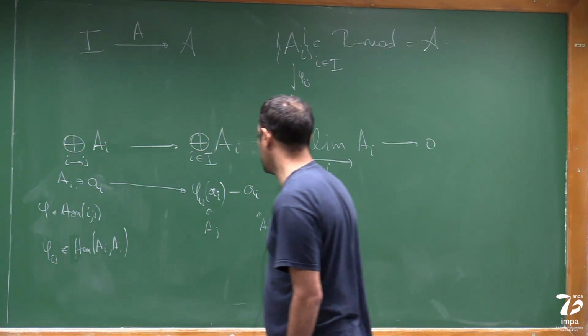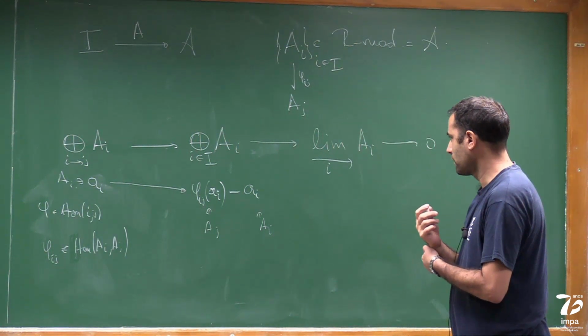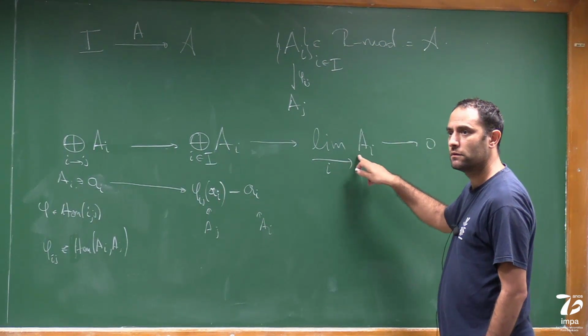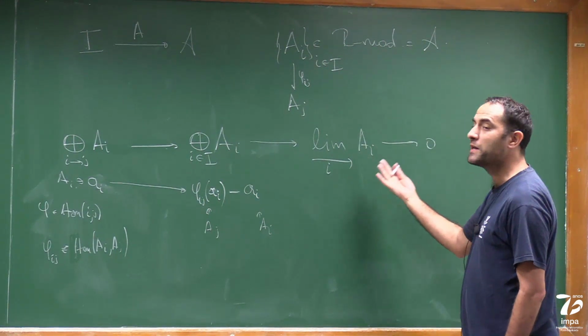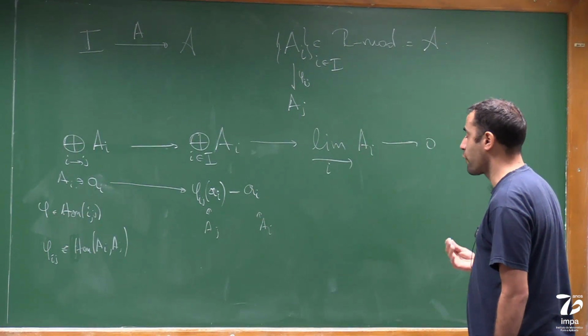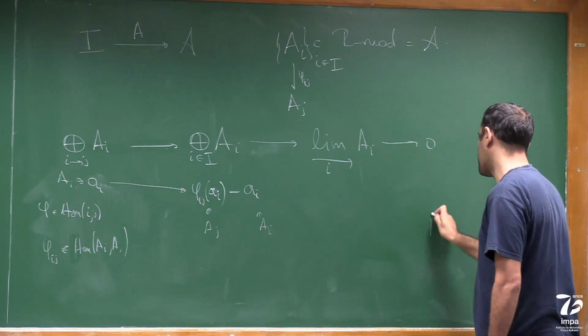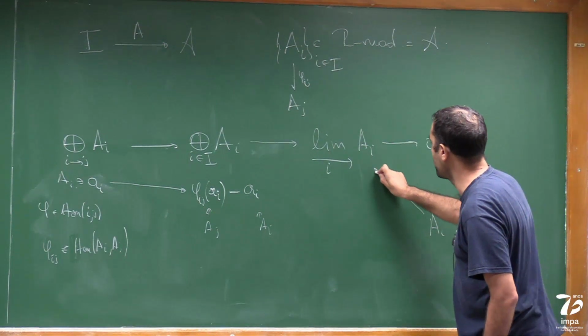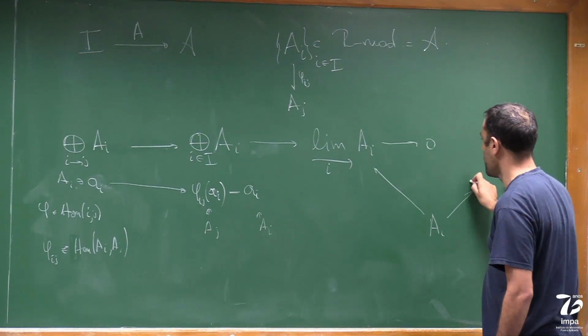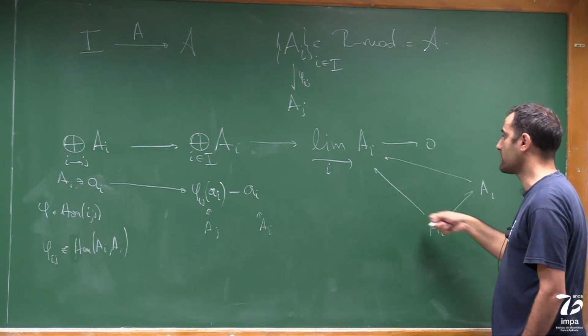Okay, so I need to check that every A_i comes with a map to here. What is the definition of this colimit? For every object i I have some A_i and an arrow here, and for every arrow from i to j, I have some A_j and an arrow here, and I get the sum.